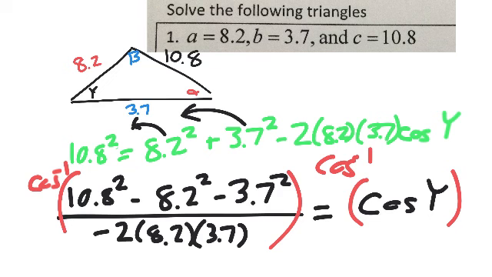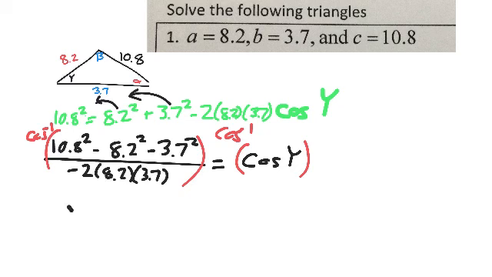No, that's not what I want to see. So now I found the biggest angle. So I know gamma is 126.05 degrees.